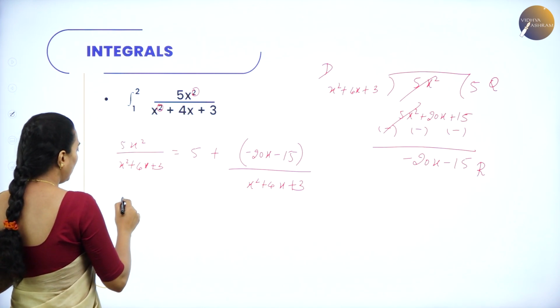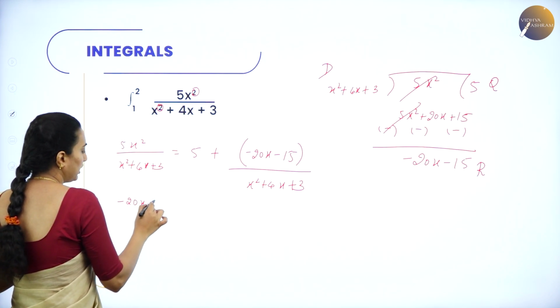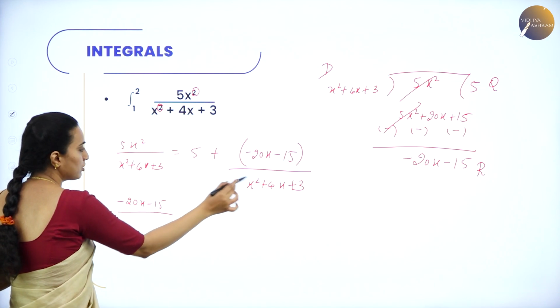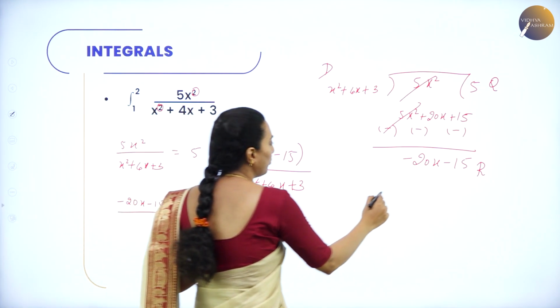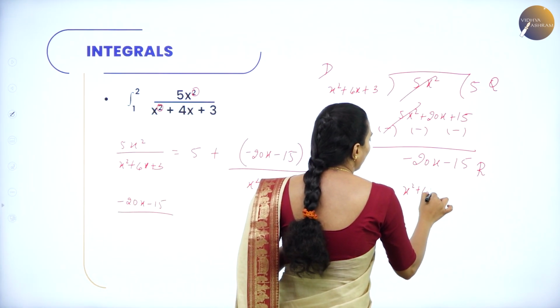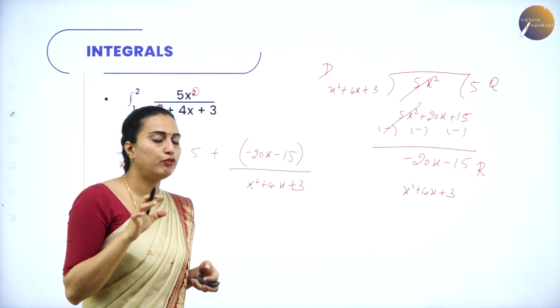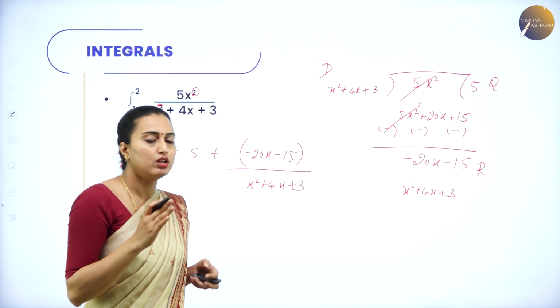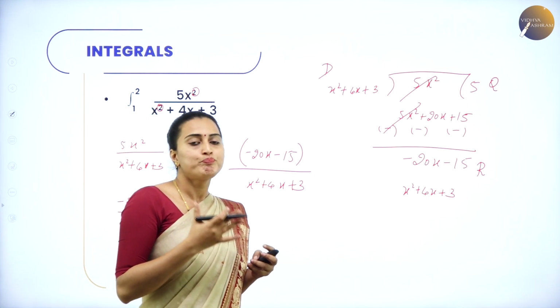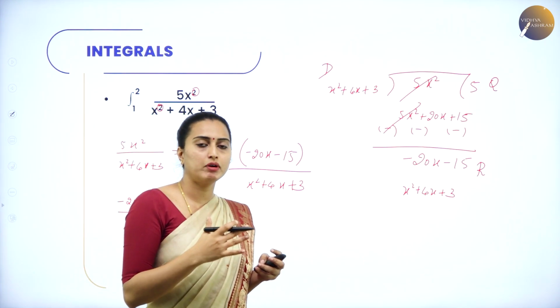Okay. Now, here you have minus 20x minus 15 divided by x squared plus 4x plus 3, which can be written as what? For x squared plus 4x plus 3, if you multiply, you should get 3x squared. If you add or subtract, you should get 4x. So 3 into 1 is 3. 3x plus x is nothing but 4x.